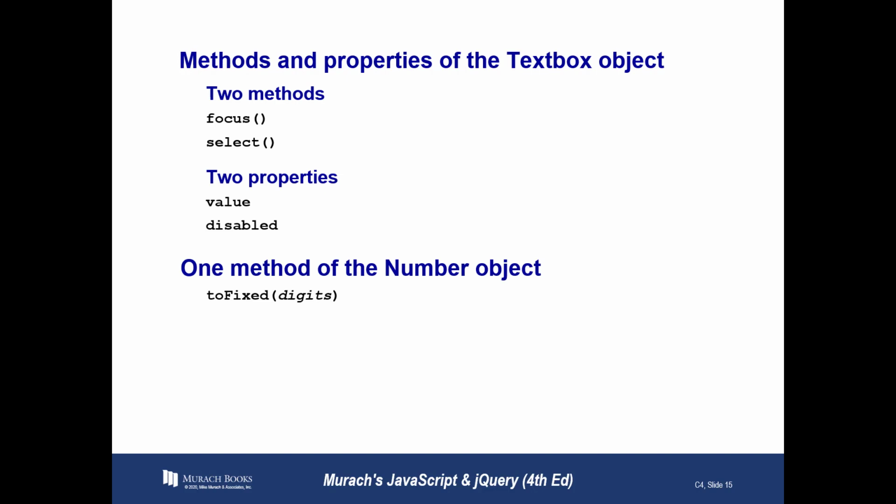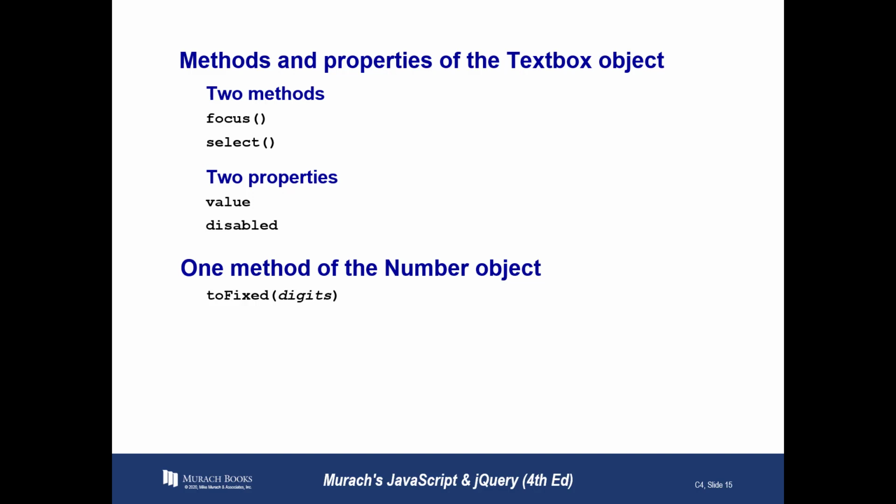If you remember, in the HTML portion of the class, we talked about forms. And our forms were mainly made up of text boxes. Now, they can be made up of other things, but mainly they're text boxes. If we want to make sure that one text box has the cursor in it when the program first comes up or the form first starts to run, we can give that particular one the focus.